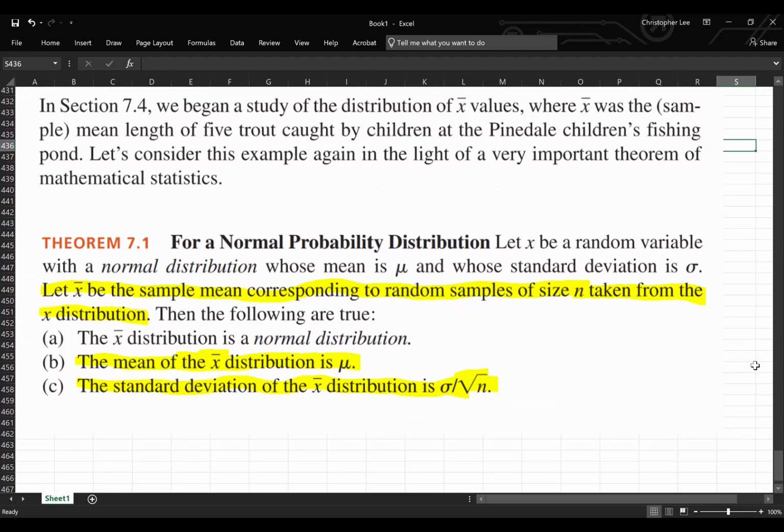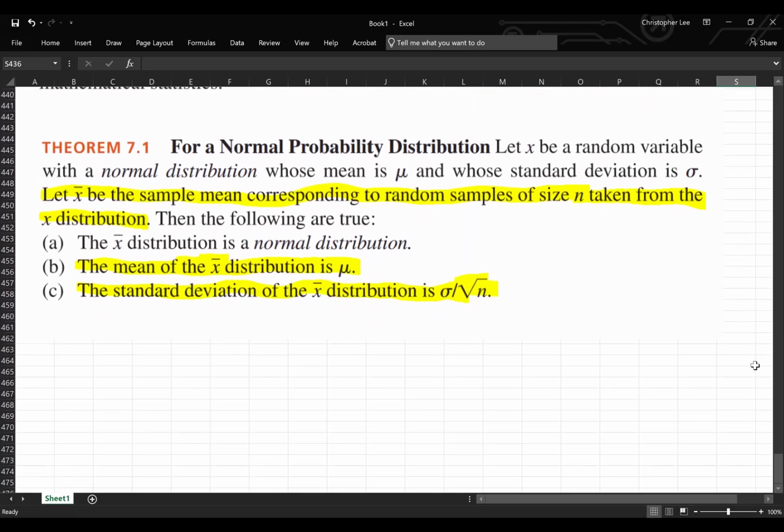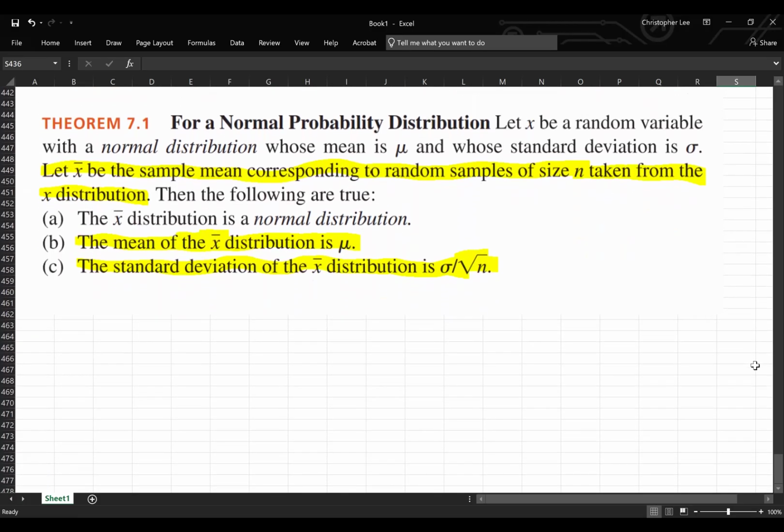Theorem 7.1: For a normal probability distribution, let X be a random variable with a normal distribution whose mean is mu and whose standard deviation is sigma. Let X bar be the sample mean corresponding to random samples of size n taken from the X distribution. Then the following are true. The X bar distribution is a normal distribution. The mean of the X bar distribution is mu, and the standard deviation of the X bar distribution is the standard deviation sigma divided by the square root of n.